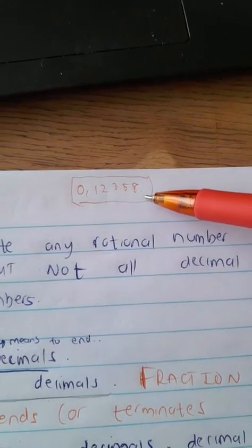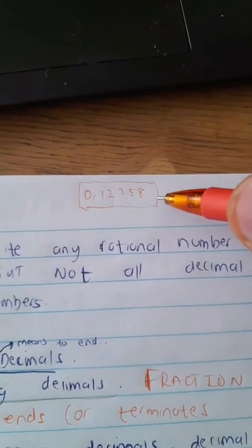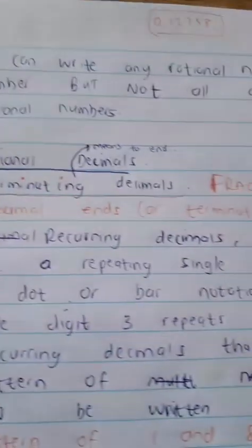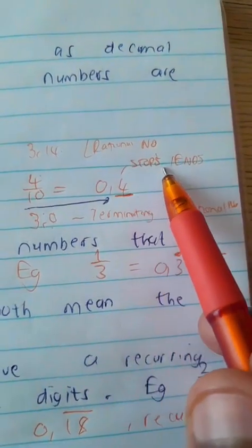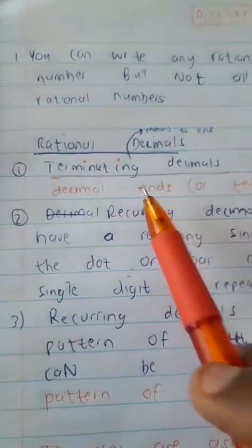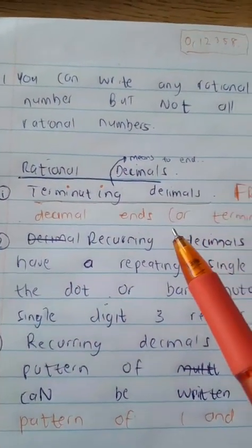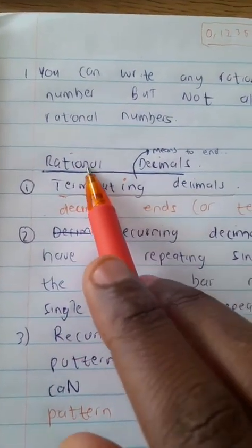Because at some point the number stops. There's no continuation of numbers after this particular number, which is very important. So terminating decimals, just remember the word terminate means to come to a stop or an end. Okay, so terminating decimals come to an end, they stop. Okay, terminating decimals are rational.